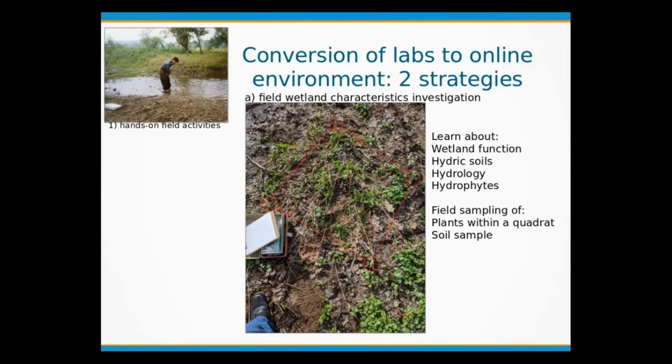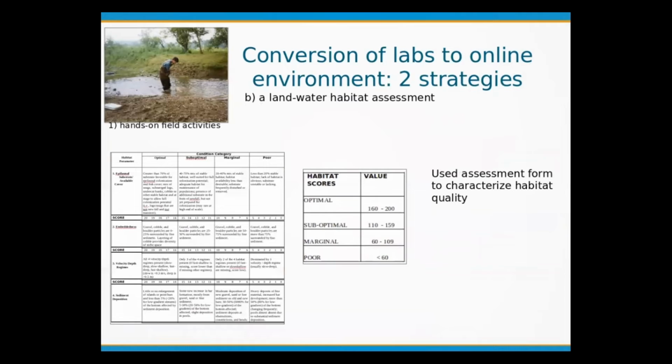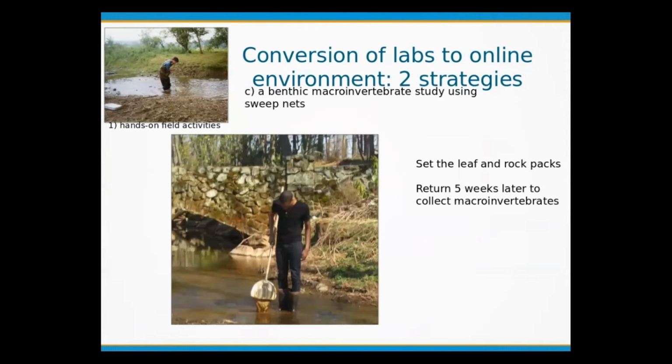So one activity that we created was a field wetland characteristics investigation, where students learned about wetland function, hydric soils, hydrology, and hydrophytes. And they did field samplings of plants within a quadrat that they designed themselves, and did soil sampling. Another field lab that we did was a land water habitat assessment, where we gave them a spreadsheet, and they filled out the spreadsheet when they were at the site, and they used the assessment form to characterize habitat quality.